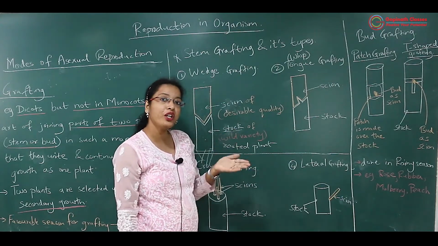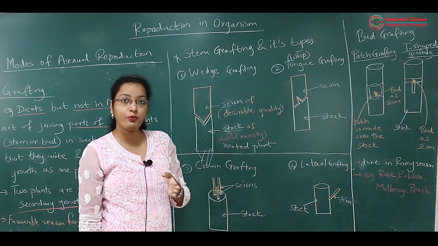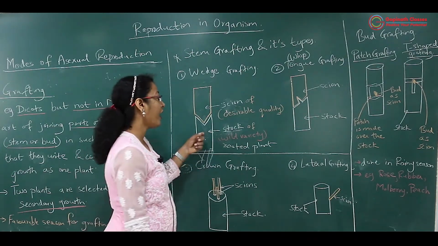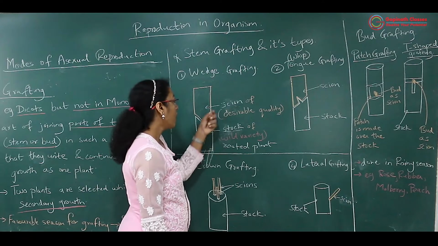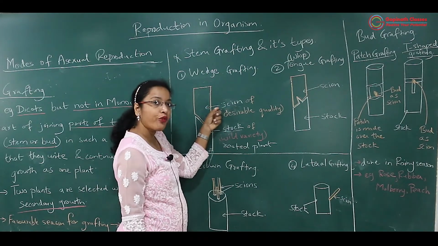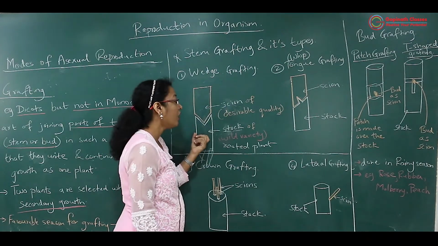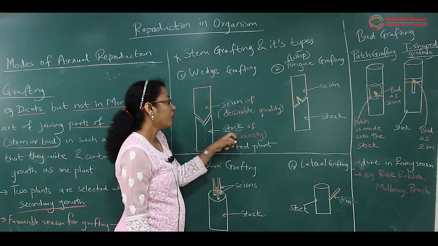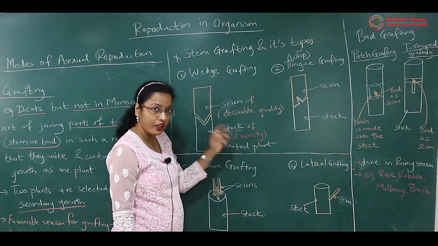So if we want that particular plant to produce red colored rose as well as black colored rose, we will have to place the stem of black colored rose over the wild variety, that is the stem of the stalk, that is red colored rose.